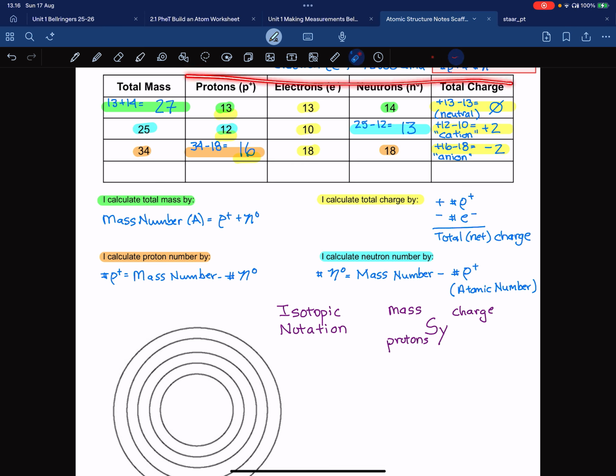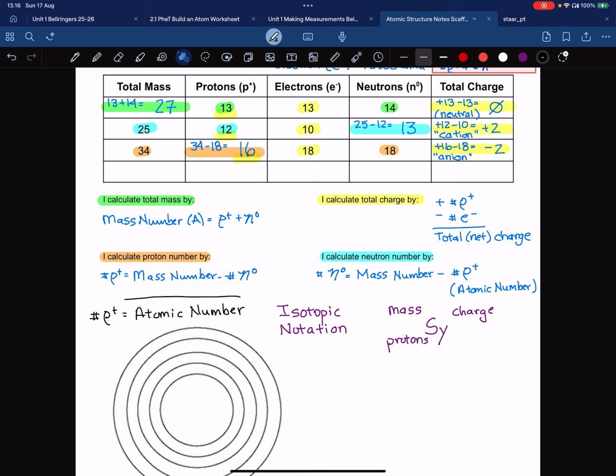So first I'm going to look at this one, and I am going to use the fact that the number of protons is equal to what we call the atomic number on the periodic table.